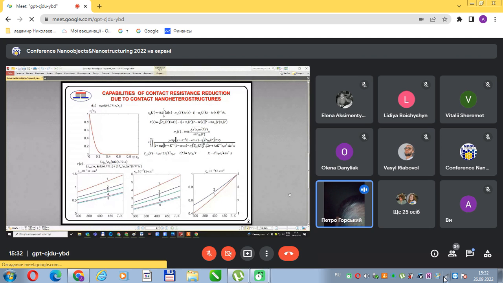Але є інші шляхи, як це зробити. Контакти роблять різними шляхами. Найбільш розповсюджений шлях для традиційних модулів – це паяння. Але тут є два варіанти виготовлення таких контактів – з антидифузійним шаром і без нього.